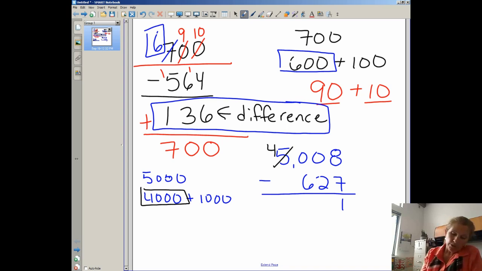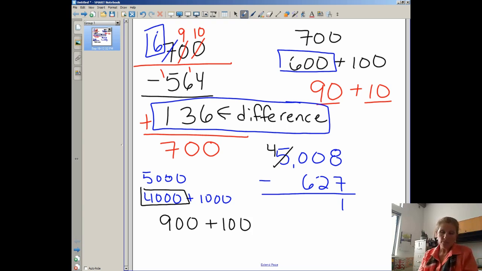Now I'm going to break up this 1,000 to go to the hundreds and the tens. So I'm going to give 900 to the hundreds place, and I'm going to give 100 to the tens place. So 100 would be 10 tens, right?